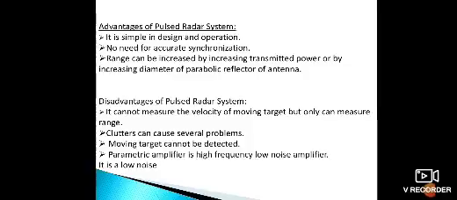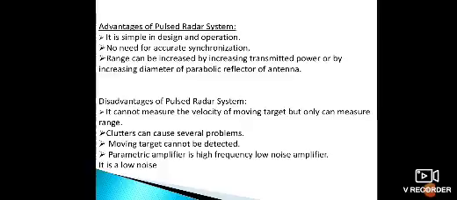And the third one is that moving targets cannot be detected. That means the target should be in a stable condition, and only in those conditions is the pulsar radar used. If the target is moving, it cannot be used, and if it is used, the target cannot be detected.